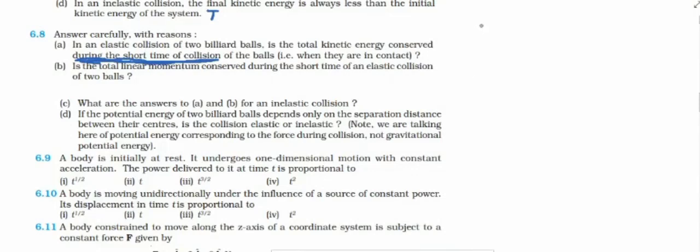Look here, two balls. Assume both the balls have a perfect spherical shape. Now these two balls undergo an elastic collision.